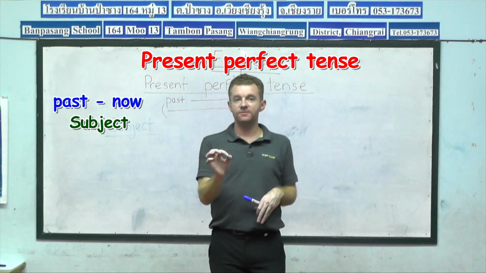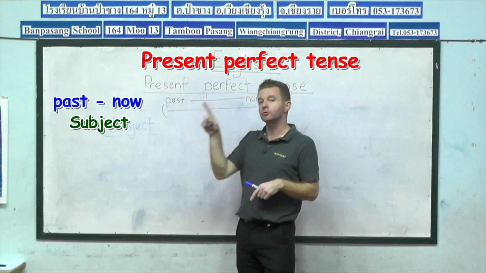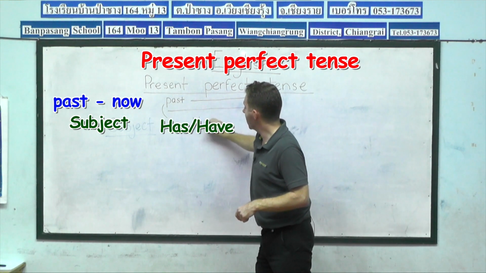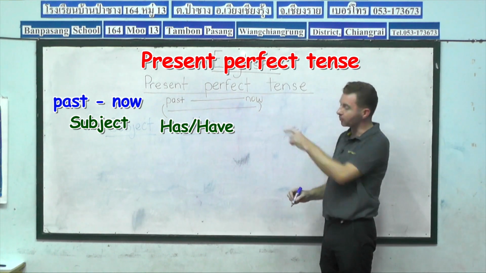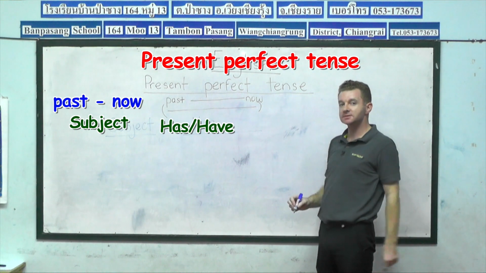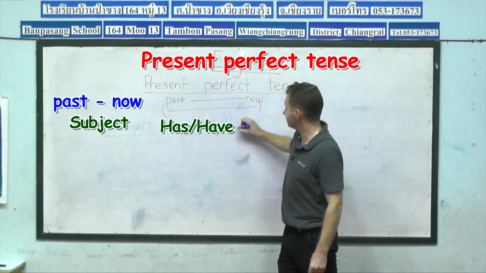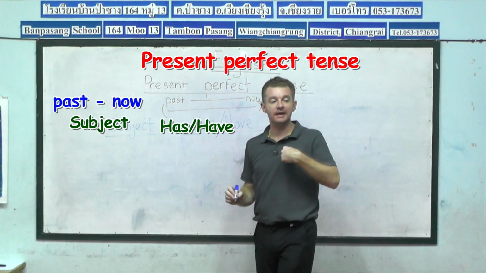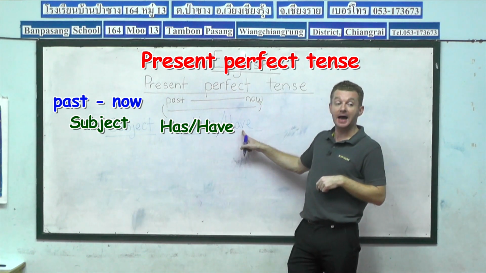Now, the second word is one of two different words, because with different subjects, we use one of the two words. It's either has or have. With some subjects, we use has, or with other subjects, we use have. For example, if I talk about myself, I say I have.